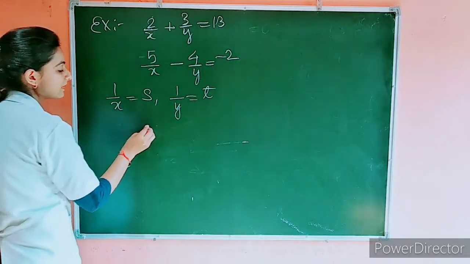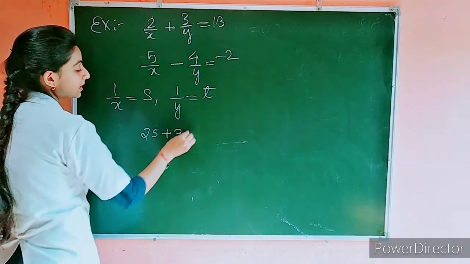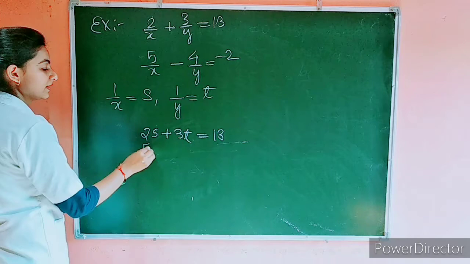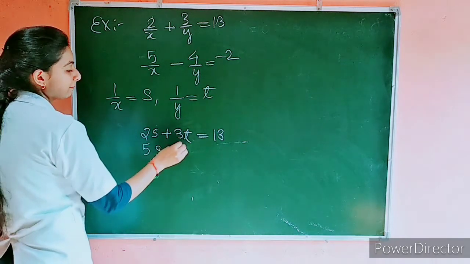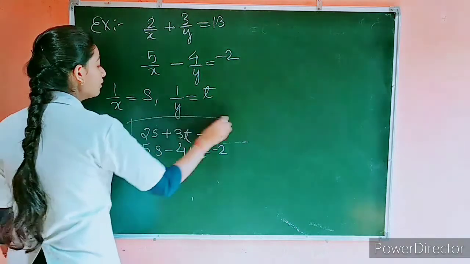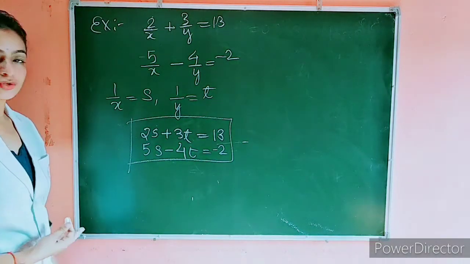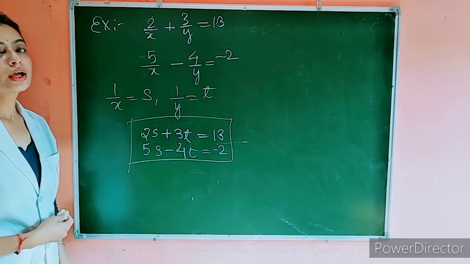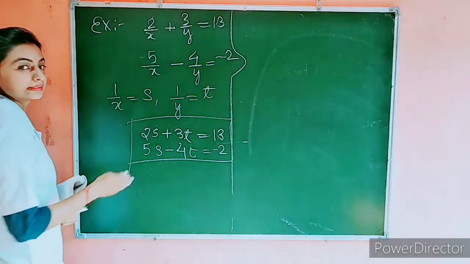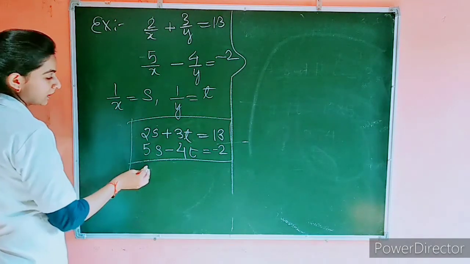Now our equations become 2s + 3t = 13 and 5s - 4t = -2. These two equations we can solve by substitution, by elimination or by cross multiplication. Here we will solve by substitution.